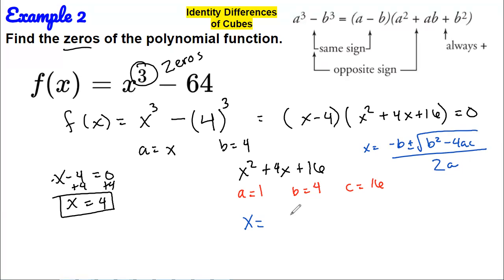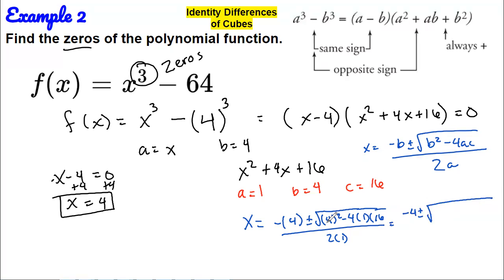So negative 4 plus or minus the square root of 4 squared minus 4 times a, c is 16, all over 2 times 1. All right. So we have negative 4 plus or minus the square root of 4 squared minus 4 times 1 times 16.